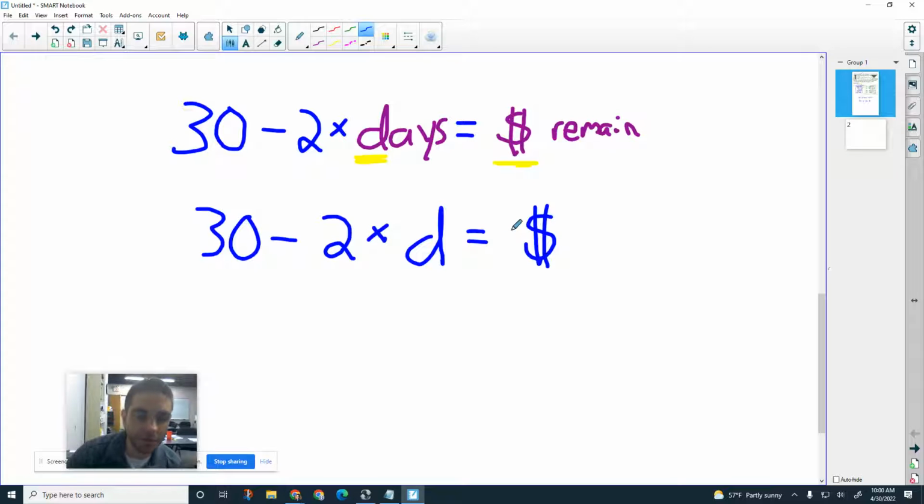All right, so all we've done so far is abbreviate these words into something that's easier to write, just a single letter.